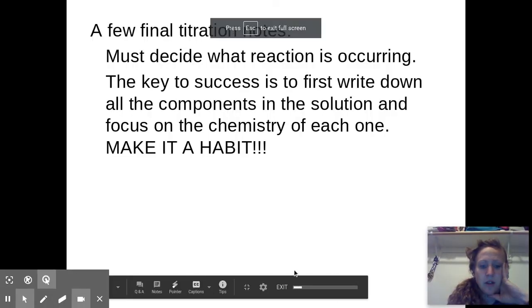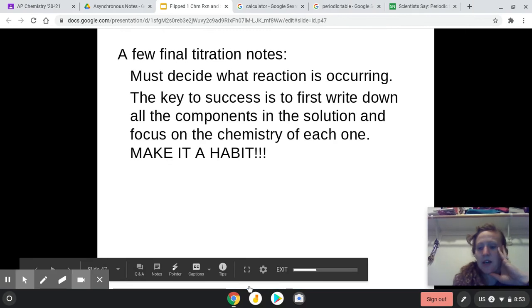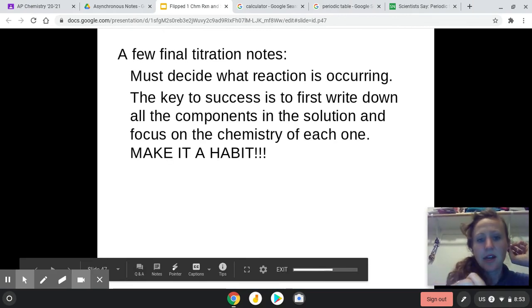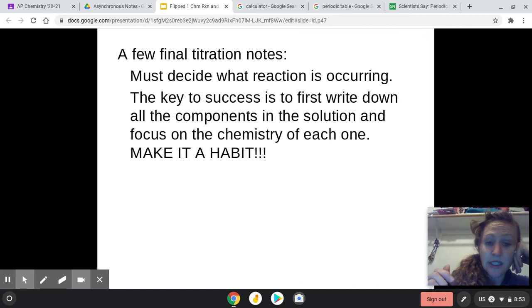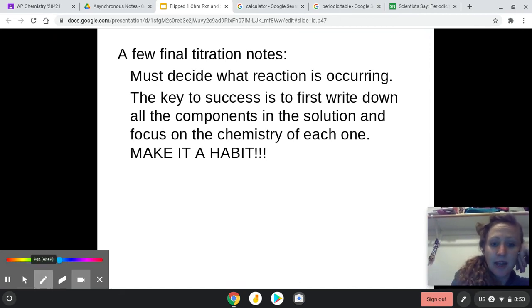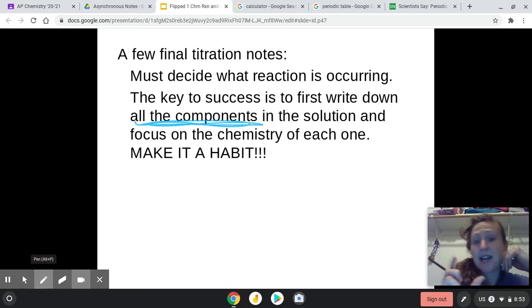All right, one note before we get going on the titration math. Again, if you get stuck, a really good thing to start doing from the beginning is to write down all the components in the solution and then figure out what's actually part of the reaction. As we get more advanced, especially once we get into the acid-base chapter, they're going to give you things that aren't actually part of the reaction.